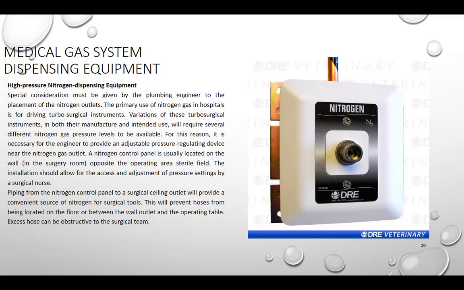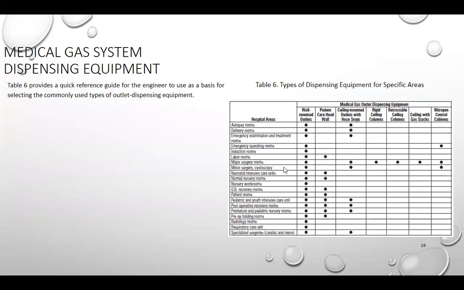the nitrogen gas outlet. A nitrogen control panel is usually located on the wall in the surgery room opposite the operating area exterior field. The installation should allow for the access and adjustment of pressure setting by a surgical nurse. Ito. Yeah.